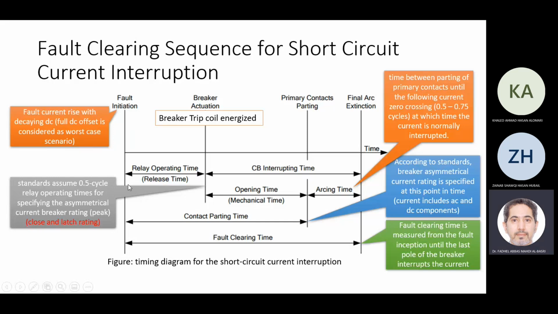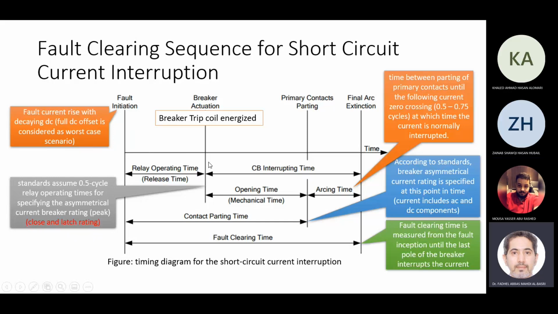And so after some time, the relay operating time, the decaying DC will decrease to some degree, but the current will have both AC and DC, and the relay will take action within a short time.